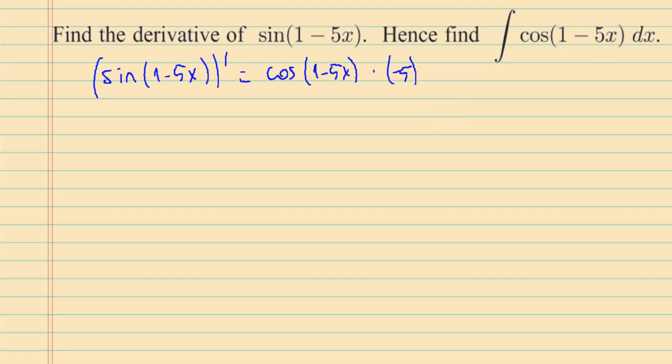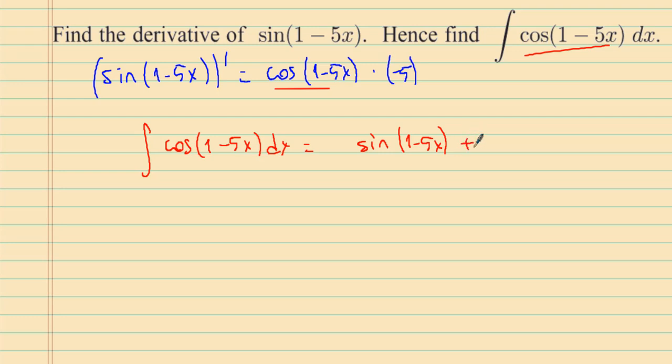Now they're asking only for this part, so if you have understood the topic, it will be equal to the same function, sine of 1 minus 5x plus c, we just need to divide by minus 5. So it will be divided by minus 5, I can write it like that, or 1 by minus 5.